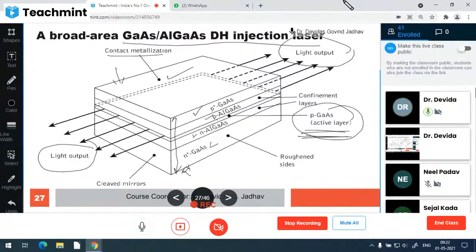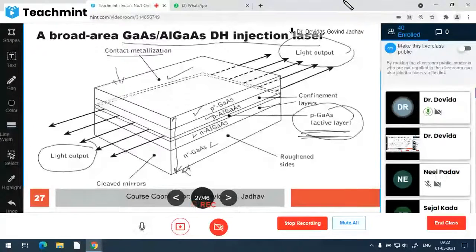All these provisions make the device a highly directive, coherent, high amplifying photon emitting device.